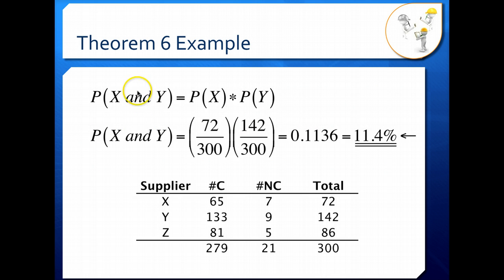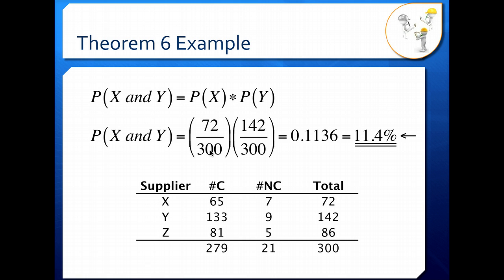Let's take a look. So we want the probability of X and Y, so that means we're going to multiply. Probability of X, picking a part from supplier X, we've got 72 parts from X out of 300 parts. That's our first trial.